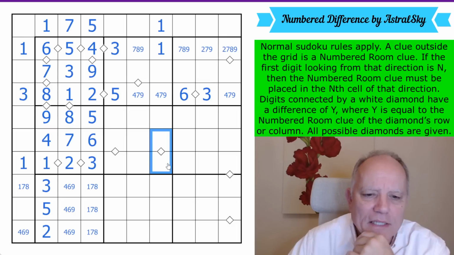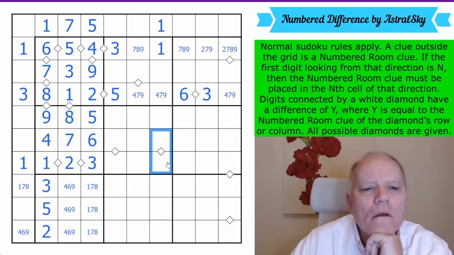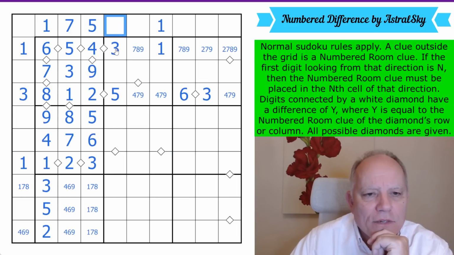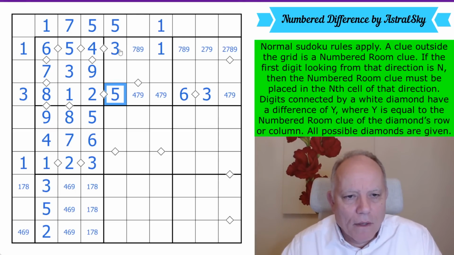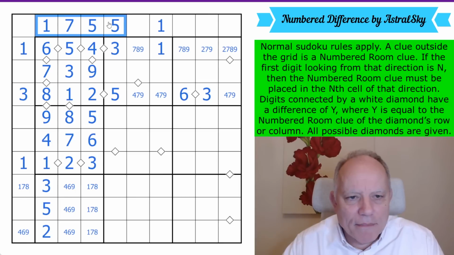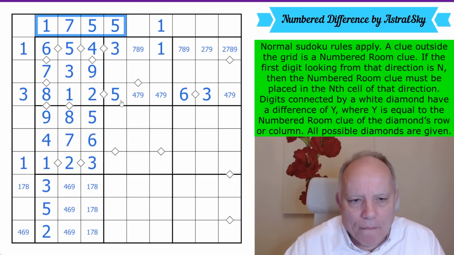This pair has a difference of 1. Okay, this is in room 3, so it's a 5, because we see what's in room 3 in this column. So this puzzle was created in 1755. No, I'm joking.